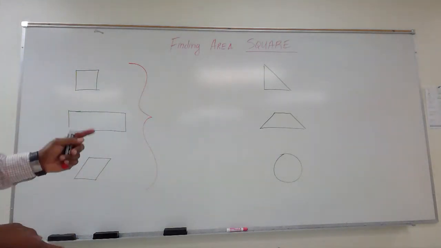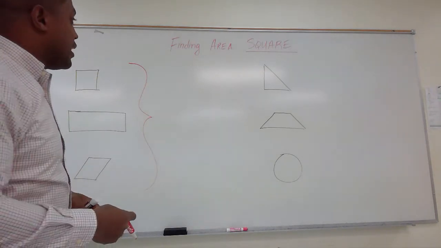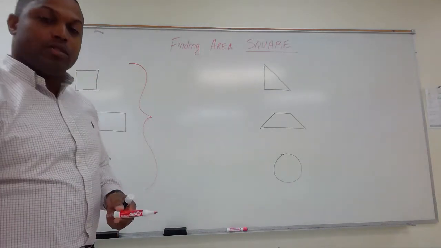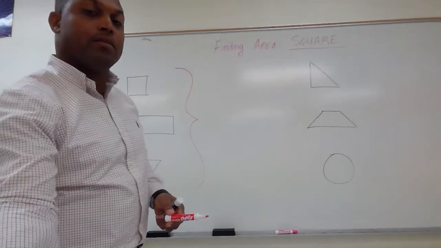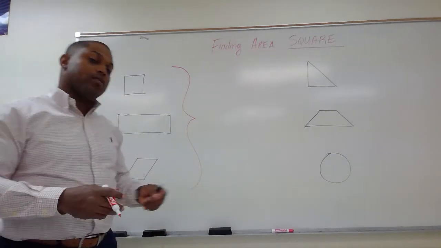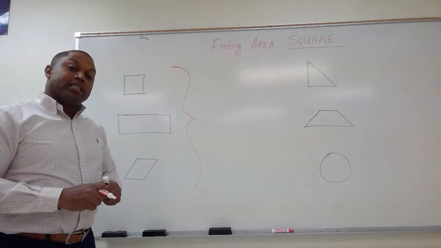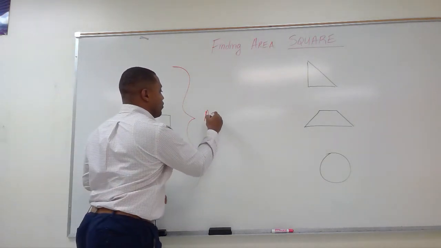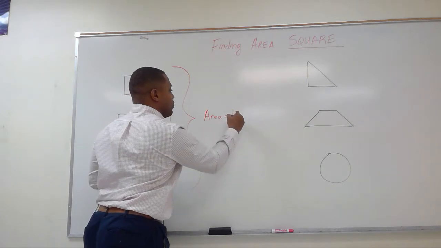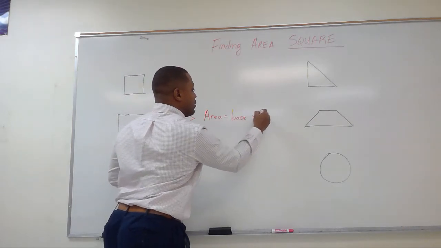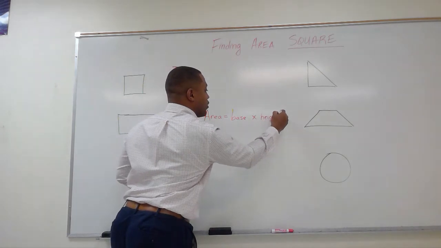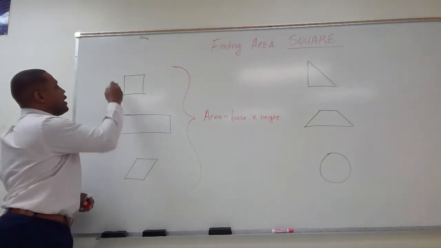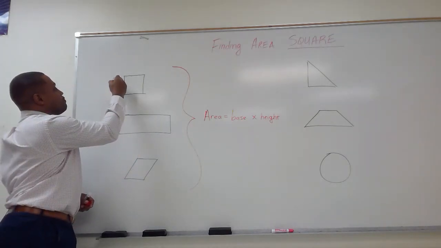The reason I'm going to start with these three is because even though the formula for area for these three shapes can be said different ways, the truth of the matter is they could all be said the same way as well, which would be area equals base times height.